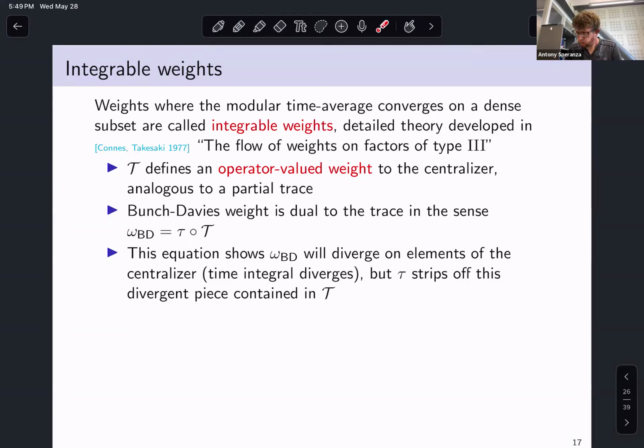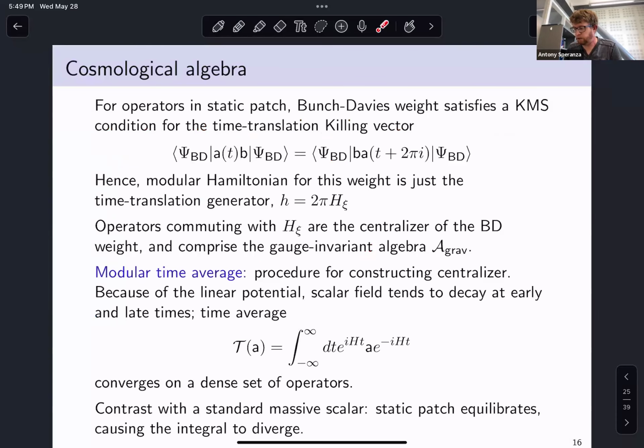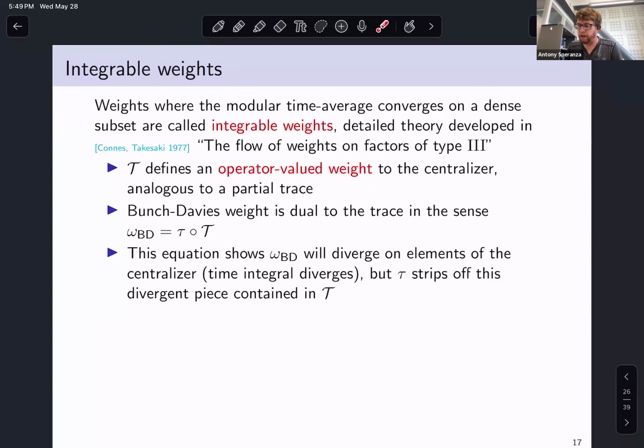What this shows is that this Bunch-Davies weight actually diverges on all elements of the centralizer, because if this operator was already time translation invariant, this integral is just going to be the integral of a constant from minus infinity to infinity. But by writing it like this, where you first do this time translation and then you get a second operator, this strips off that trivial divergence coming from the integral over time. And so this tau is the finite piece that's left over, and that's this renormalized trace.